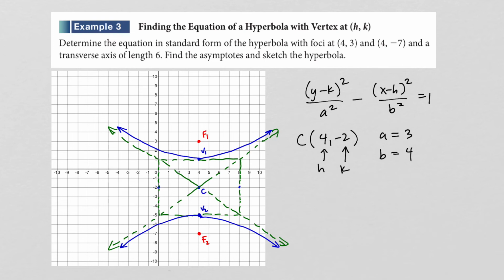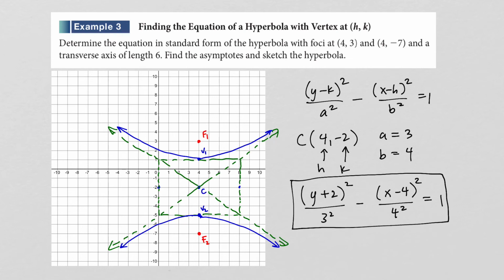So all we have to do is plug all that in, and we get (y minus -2) squared over a squared, which is 3 squared, minus (x minus h), which is (x minus 4) squared, over b squared, which is 4 squared, that has to be equal to 1. And so here is the equation of our hyperbola in standard form.